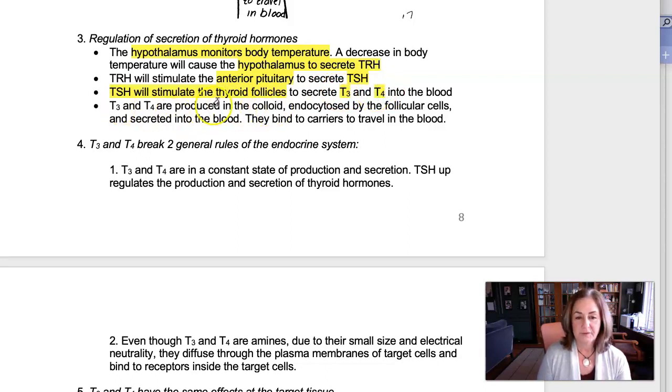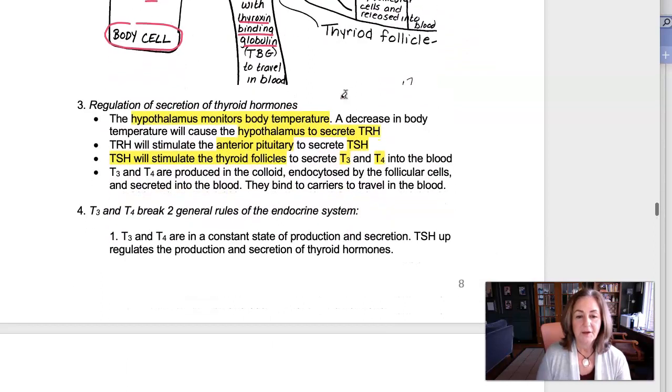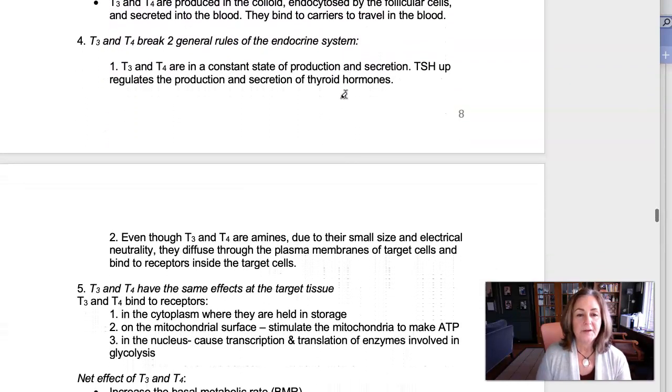T3 and T4 are produced in the colloid. We looked at that, endocytosed by the follicular cells and secreted into the blood. They bind to carriers to travel in the blood. So we looked at all of that in the picture. So here I'm going over that point that we're breaking some rules here, that T3 and T4 are in a continuous state of production and secretion.